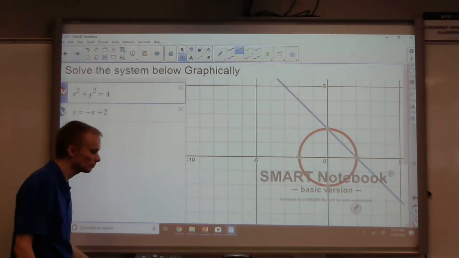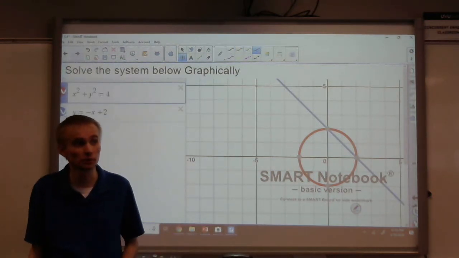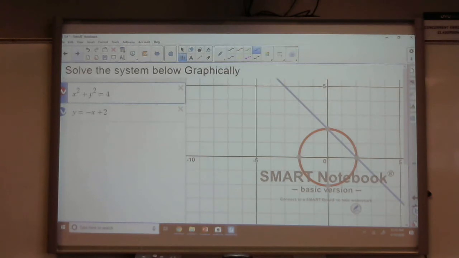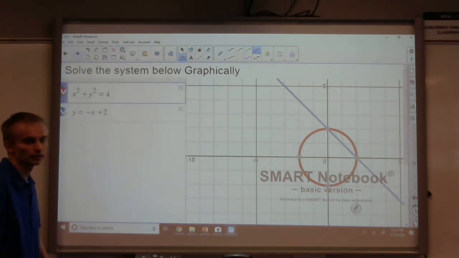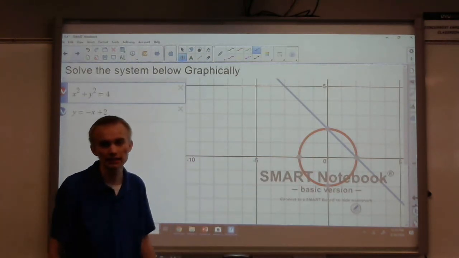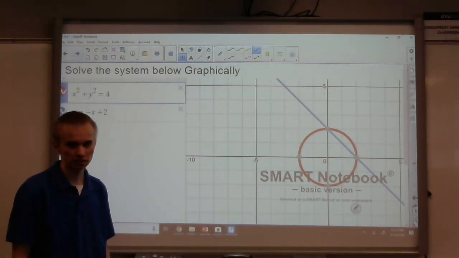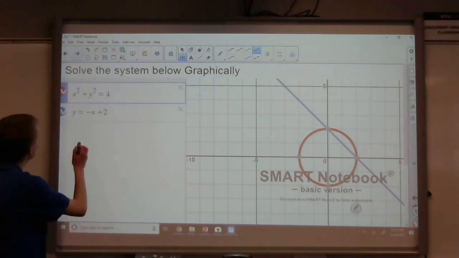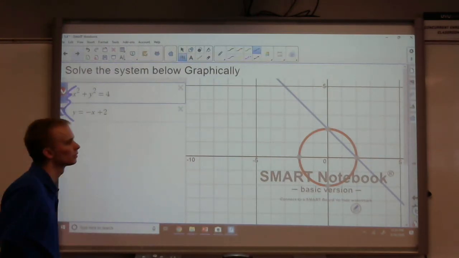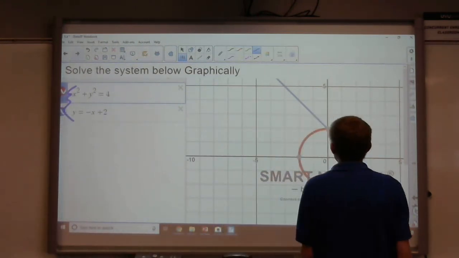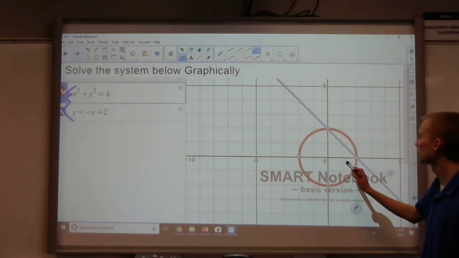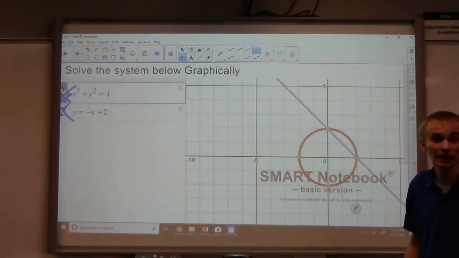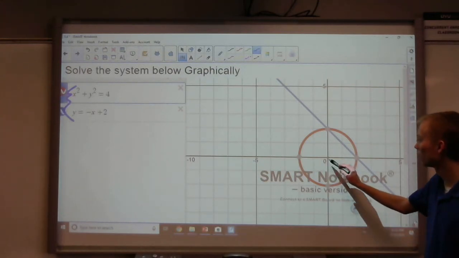Last thing I want to mention before we're done is, what if instead of wanting you to solve it algebraically, they just give you a graph and tell you to find where they intersect? Well, you just look at the graph. You just give the 2 points where they intersect, and they'll give you nice points if they're going to have you solve it graphically.